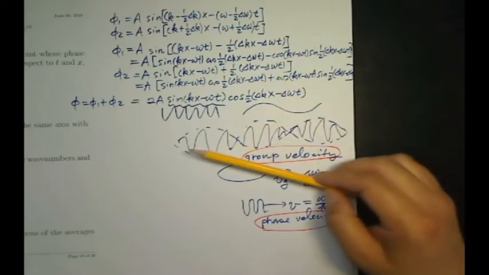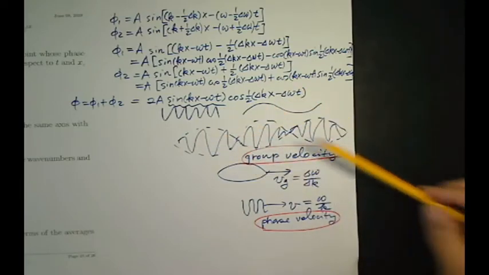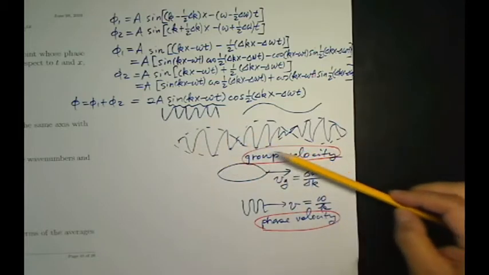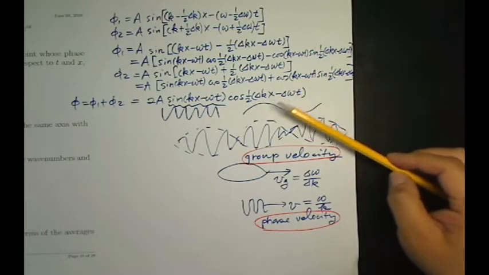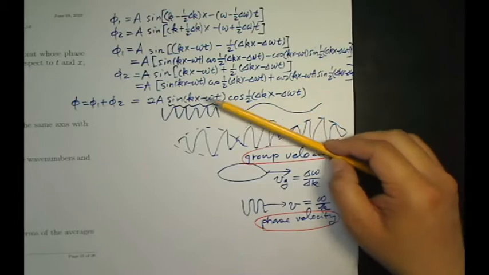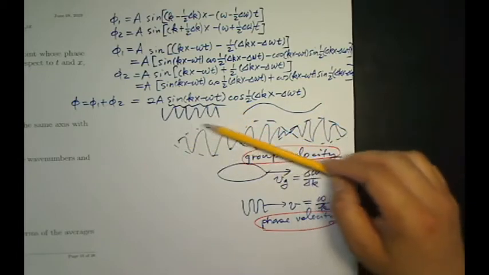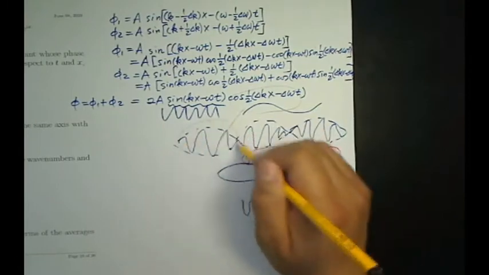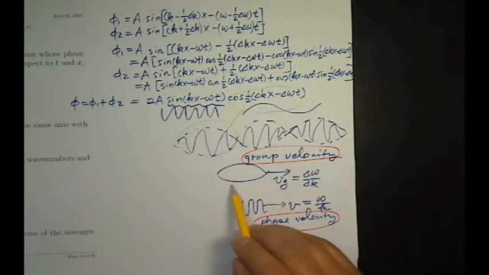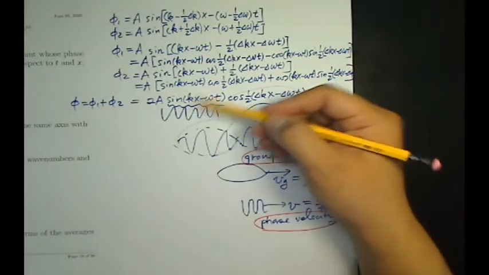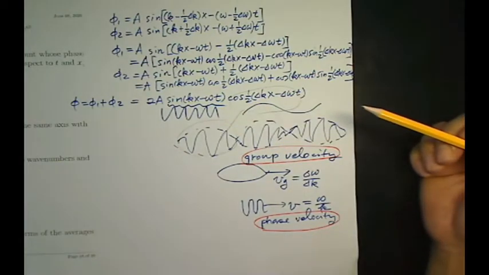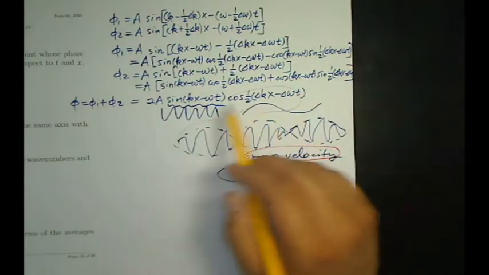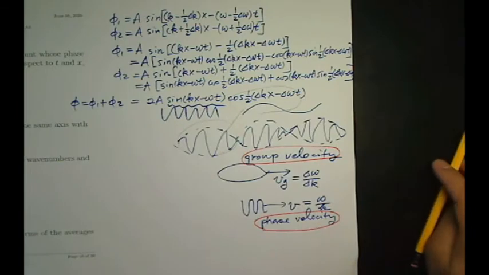We can see this one is moving forward, and also this packet is moving forward. The negative sign shows that this is for this packet, so this is moving forward, as well as this phase velocity is moving forward. So there is a great difference between the group velocity and phase velocity.